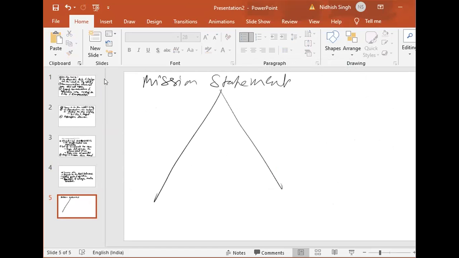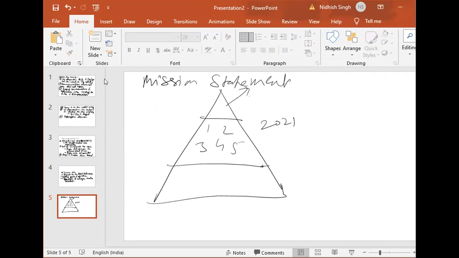Let's make a pyramid. So this is the mission statement. Here I have broken down the mission statement for 2021. So I have 1, 2, 3, 4, 5 different goals. These are the goals for 2021.